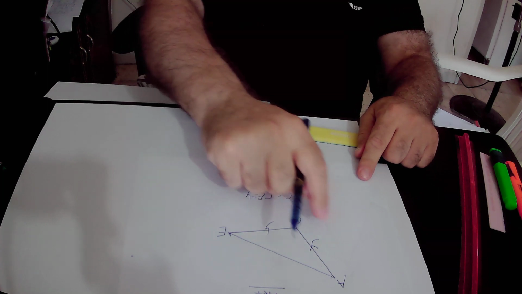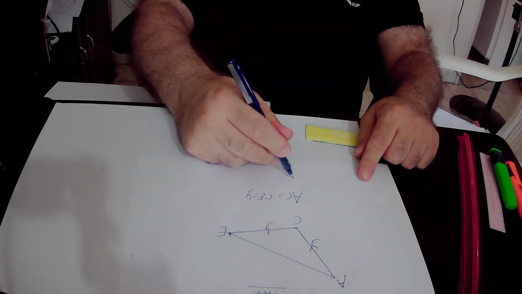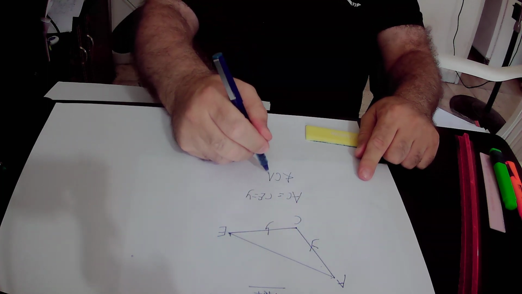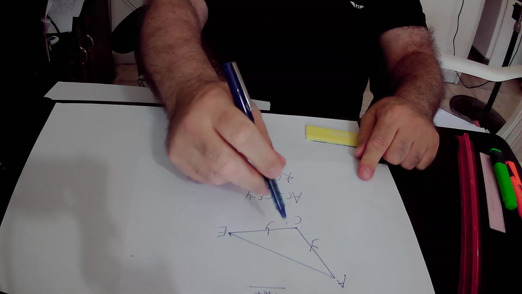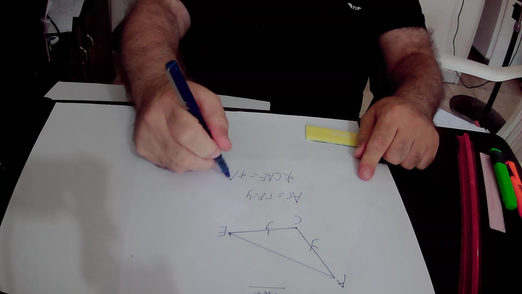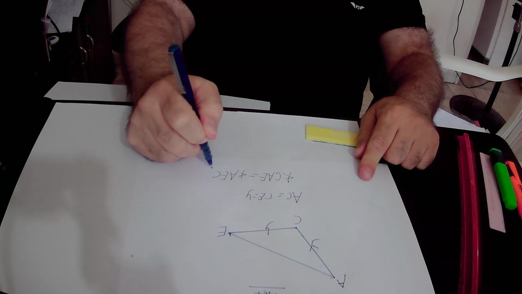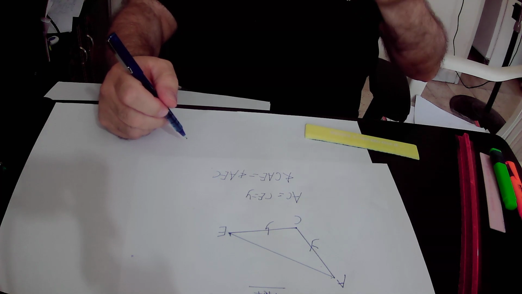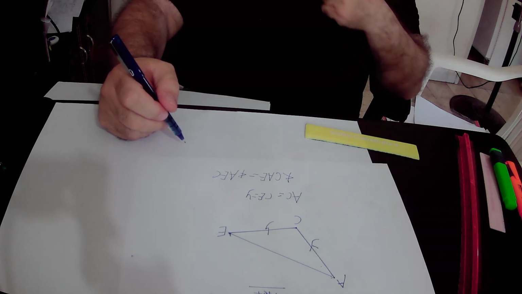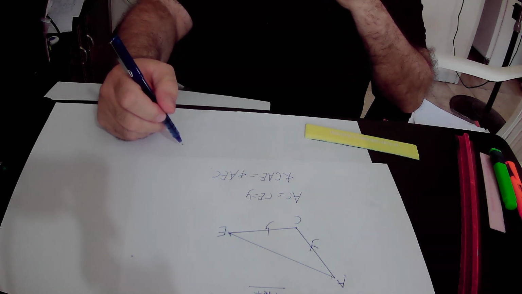So here angle CAE equals this angle, that is actually angle AEC. Angle CAE equals angle AEC according to the rule that in front of equal sides in a triangle there are equal angles.